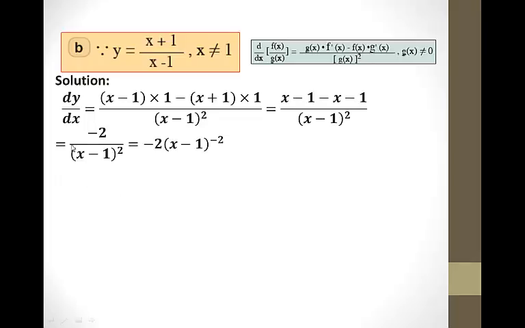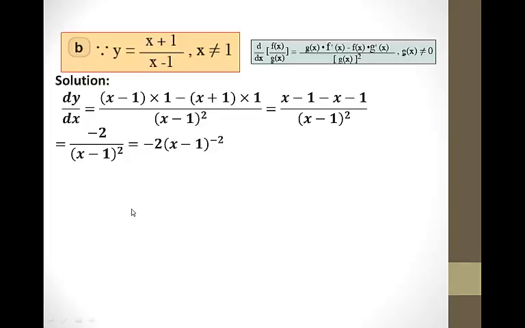So we have the first derivative dy by dx equals negative 2 over x minus 1 all squared, and it's preferred to write it in the form negative 2 multiplied by x minus 1 all power negative 2. When you want to write x minus 1 all power 2 as a numerator, we change the sign of 2 to negative 2.